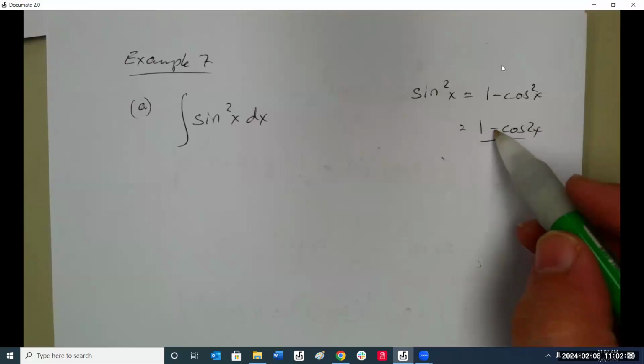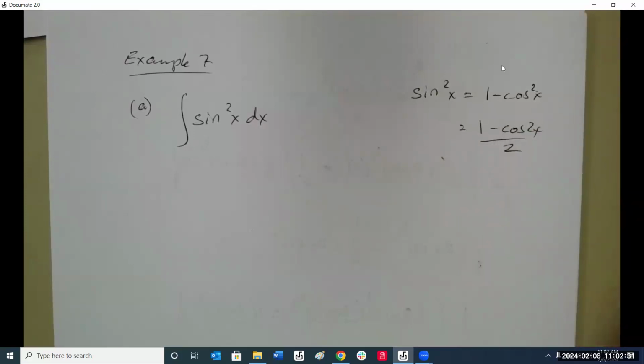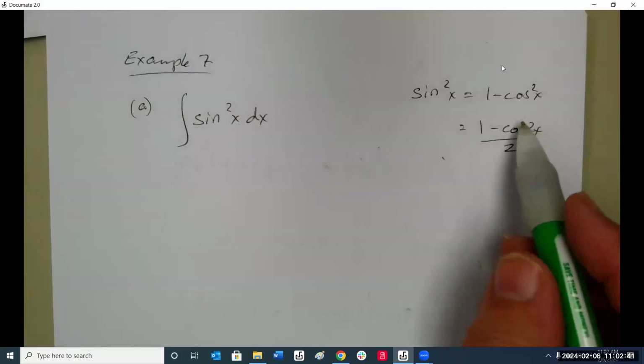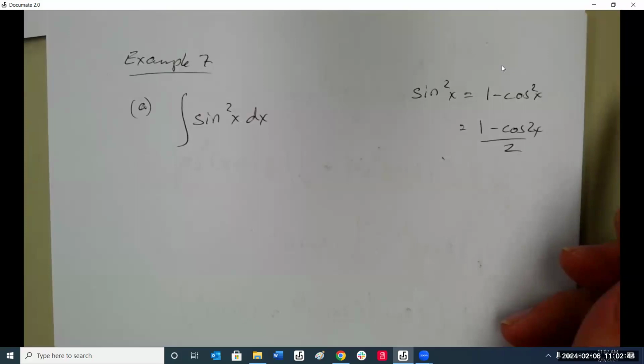It should be a minus since it's sine. Did you find that one? I couldn't find it, but I think it's just because I can't see too.